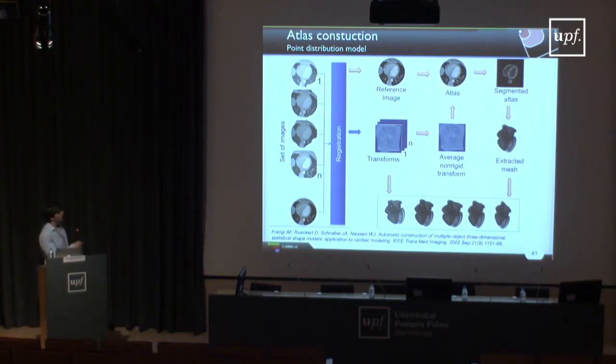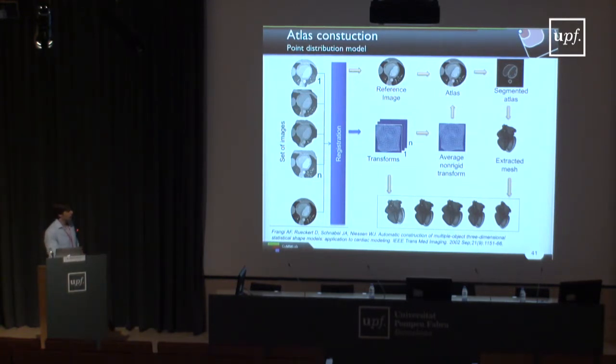So all these images have been registered to this reference image, and here we have encoded all the transformations that lead from the original image to the atlas of the heart. Now, we take the atlas and we perform a very detailed manual segmentation of the heart. So the atlas is very well segmented. And then from this one, we undo all the transformations that we have carried out along these lines.